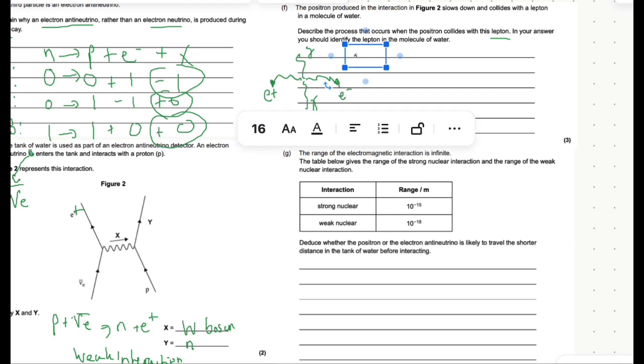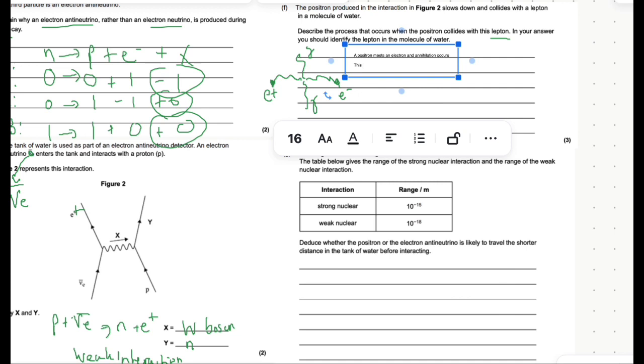We say a positron meets an electron and annihilation occurs. I will enlarge this, sorry about that. This converts the rest energies of the electron/positron into two photons.